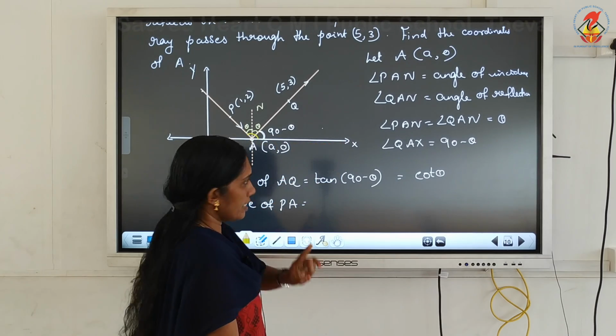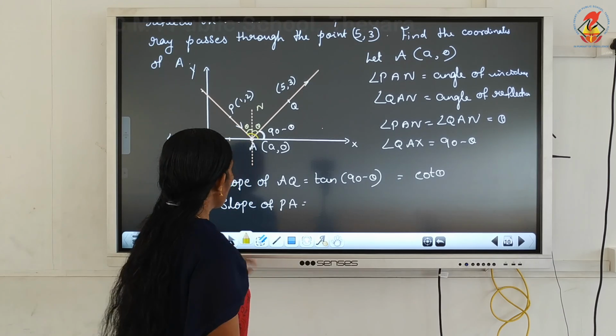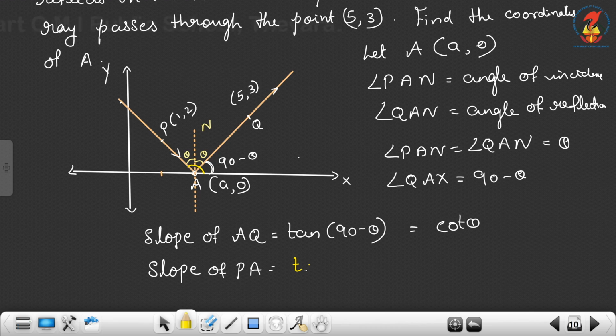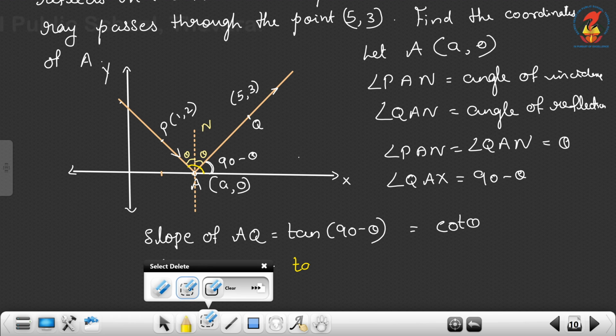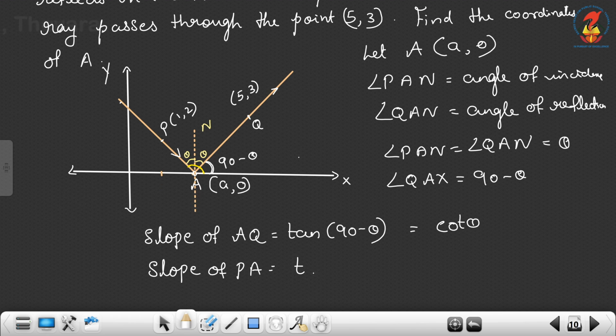NAX is 90, so it is 90 plus theta. So the slope of PA means tan of 90 plus theta. What is tan of 90 plus theta? 90 plus theta is in the second quadrant, where the tan function is negative. So it is negative cot theta.